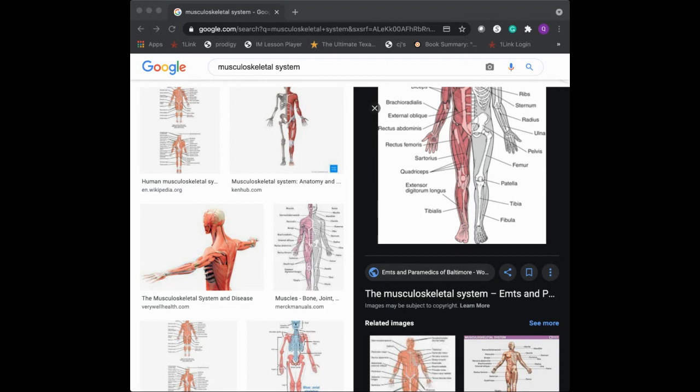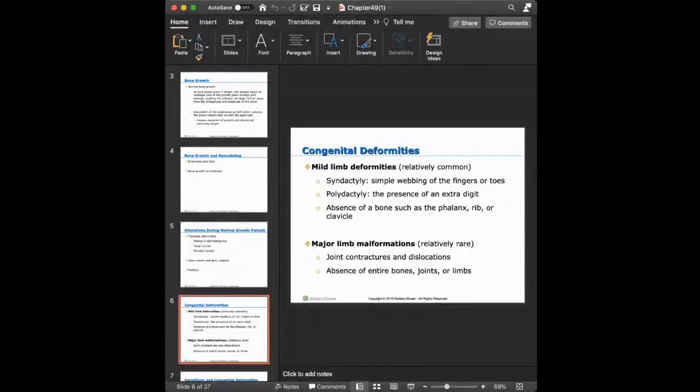Then we have other limb deformities. Syndactyly is when you have webbing of your fingers and toes, which can happen in humans. And then we also have polydactyly, which is having an extra digit. So if you're born with a sixth finger or a sixth toe, that's called polydactyly.